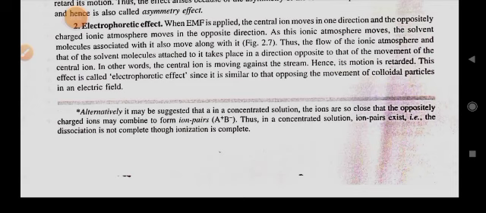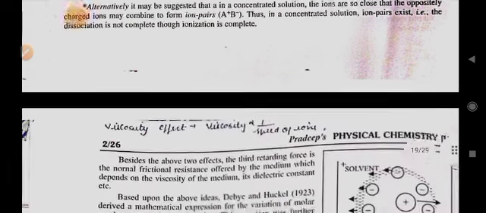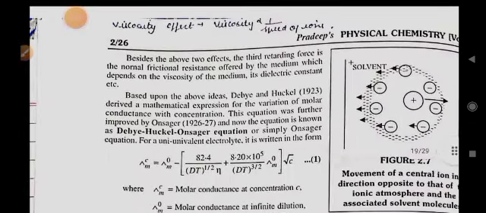In other words, the central ion is moving against the stream, hence its motion is retarded. The effect is called electrophoretic effect since it is similar to that opposing the movement of colloidal particles in an electric field. Besides the above two effects, the third retarding factor is the normal frictional resistance offered by the medium, which depends on the viscosity of the medium, its dielectric constant, etc.